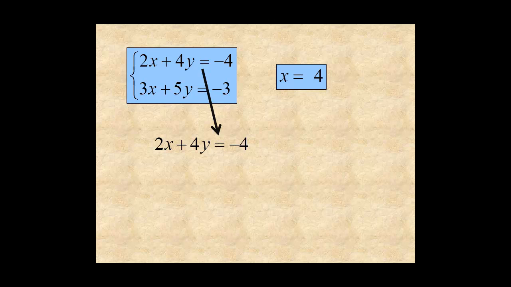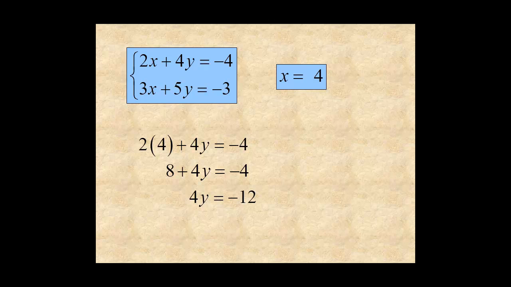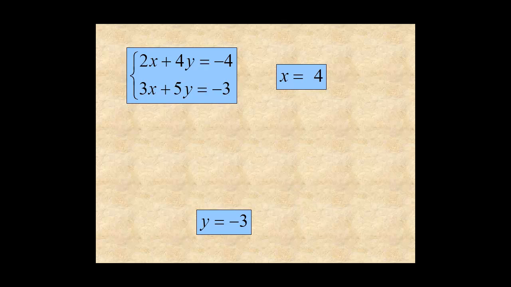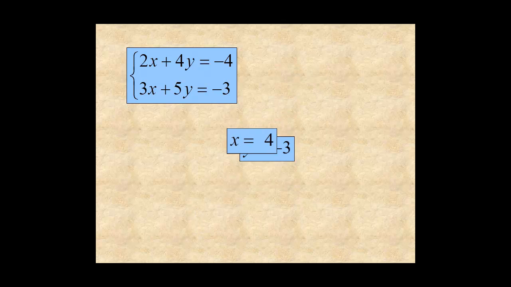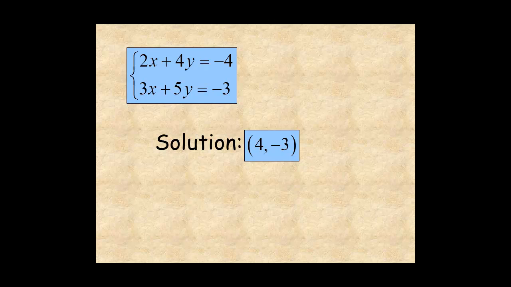Substitute x equals 4, and you get 8 plus 4y equals -4. Then subtract 8 from both sides, divide by 4, and you get y equals -3. And the solution to the linear system is 4, -3. Remember to check the solution.